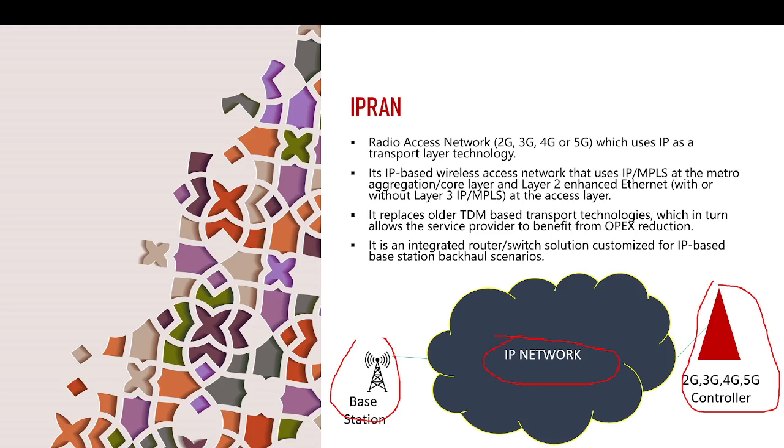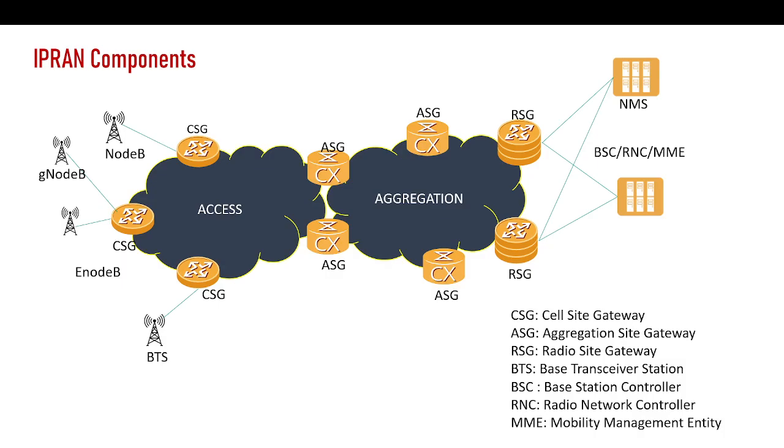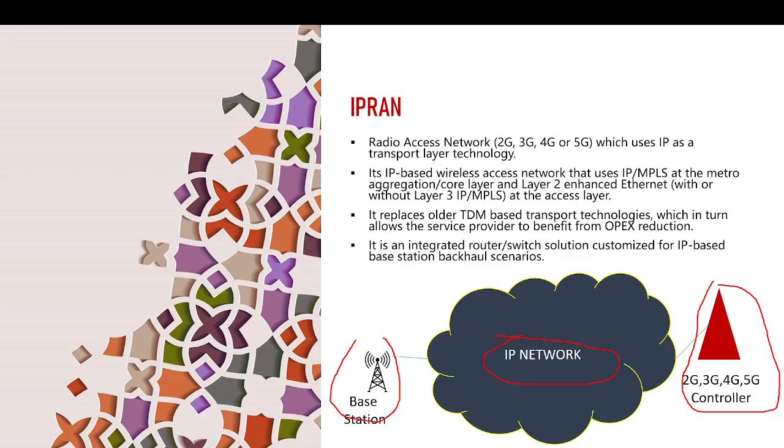If you have worked with IPRAN networks, especially at big service providers, you realize that they are very flexible and easy to manage compared to these other traditional technologies. It's all about capacity, like we moved from electrical to fiber.